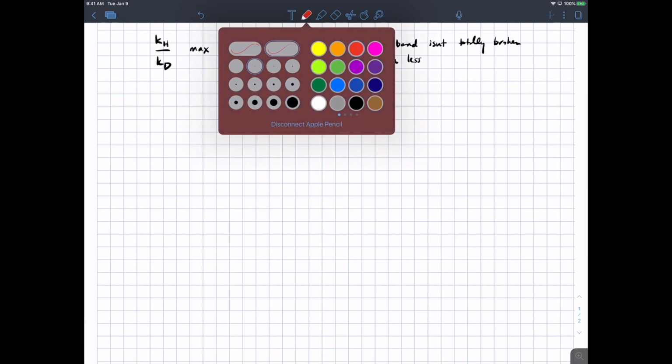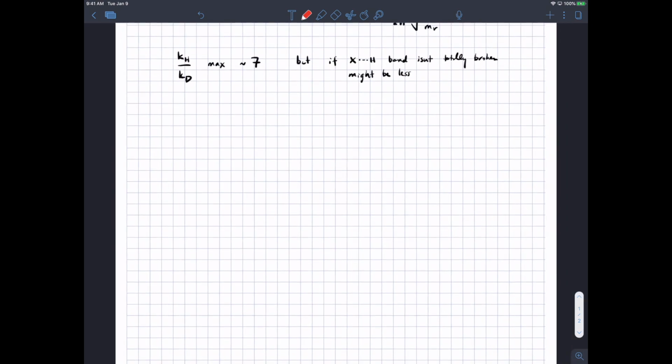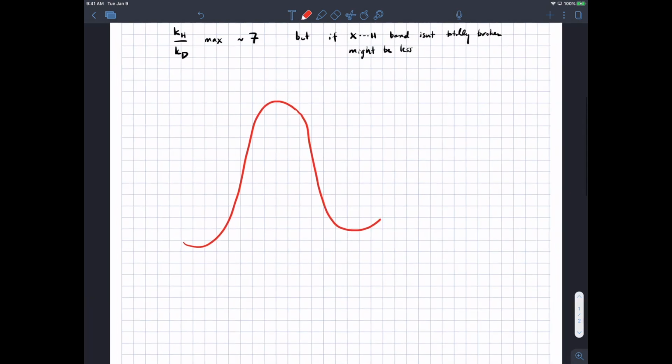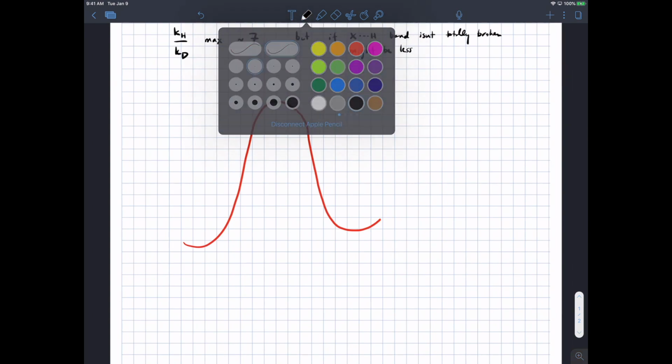So imagine a reaction coordinate diagram, and we'll have a transition state here, and there's the product. So this is a reaction that's basically isoenergetic.